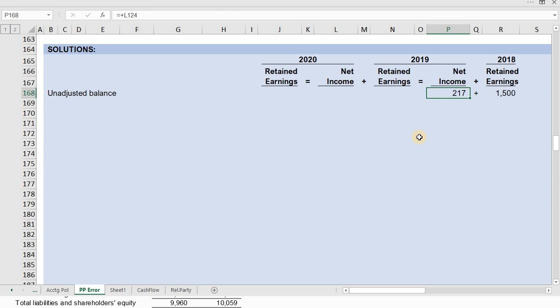Then our retained earnings at the end of 2019 is 1,617. The 1,617 is not the total of 217 plus 1,500 because, looking at the statement of changes in equity, we have a dividend payment. So it means that the retained earnings at the end of 2019 is already net of the dividends.